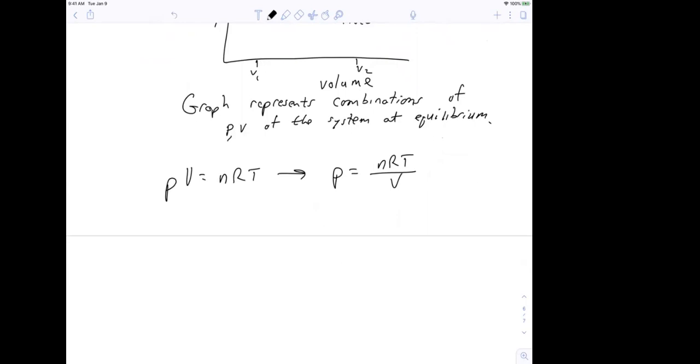An easy way to realize that it isn't is that N over V, these two, can be taken out times RT, but we know what N over V is.